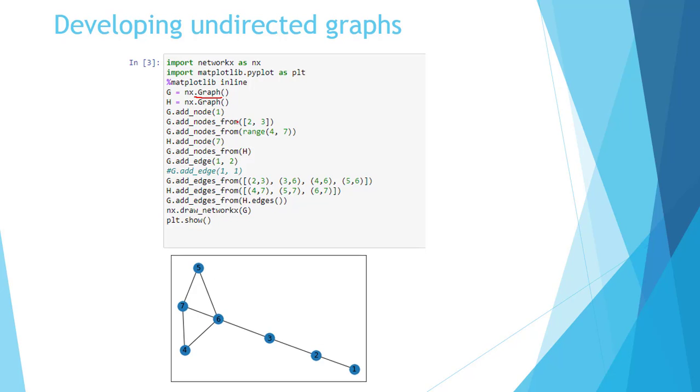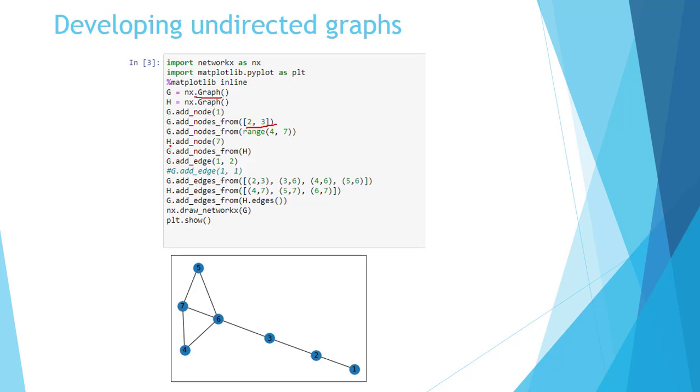After that add_nodes_from, that is we are adding the nodes from the list which has the data 2 and 3, and we have called another add_nodes_from method using the range function, that is 4 to 6 nodes are added using this method.